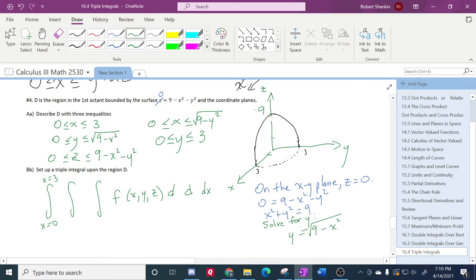It doesn't get any height because we're way at the edge. But if x is like 1 and y is 1, then we'd be at this point right here, and then you'd go up close to 9, but not quite. You'd go up to 7. And so on. This would map out this region right here. So mapping out these regions in 3 space is a little bit trickier.